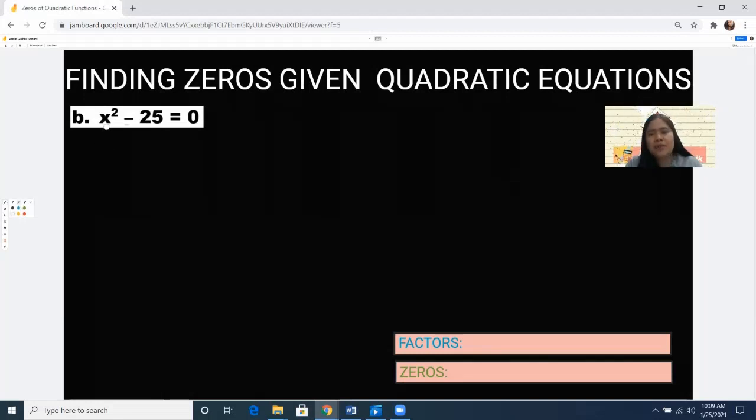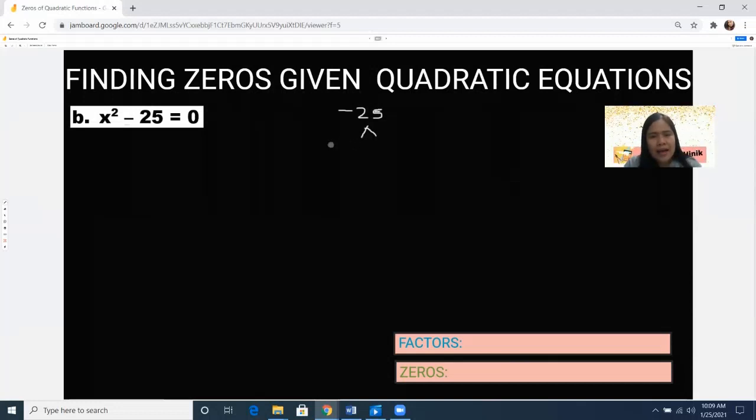Okay, since we have x² minus 25, make sure that you know how to factor before you use the factoring method. So we need to factor -25 and our linear term is 0. So we are looking for the factors of -25.